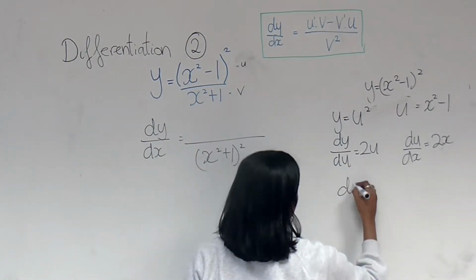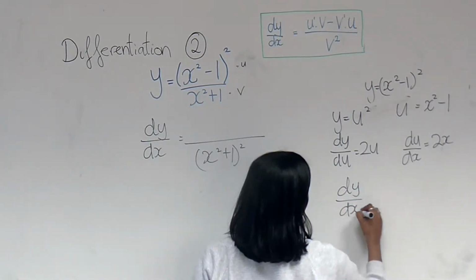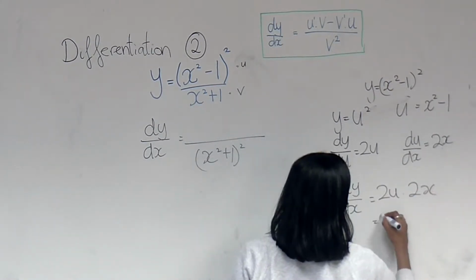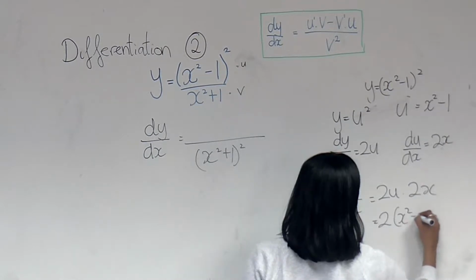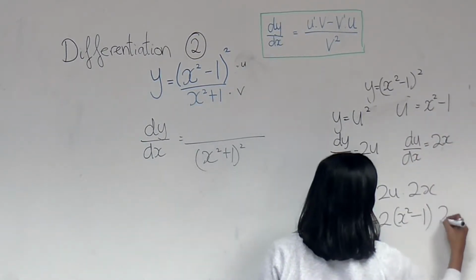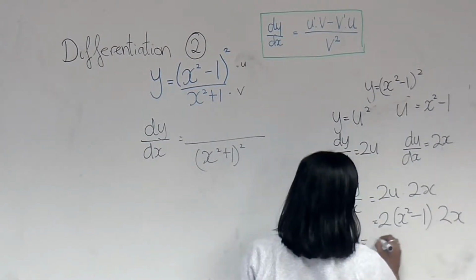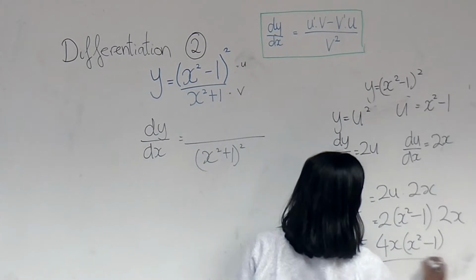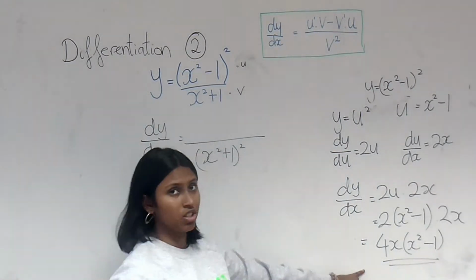Then you get your dy by dx, which is basically 2u times 2x, and that's 2 into x squared minus 1, because your u is x squared minus 1, times 2x, which is 4x times x squared minus 1. So that is your differentiation of u.